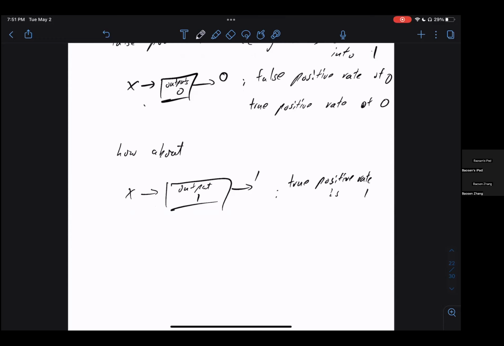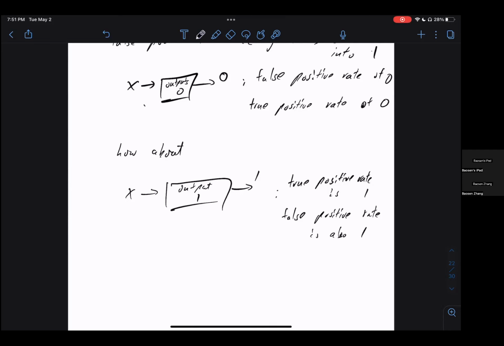If the actual data should be 1, I will always be right, because I'm always declaring 1. And the false positive rate is also 1, because I'm just declaring 1, whether it should be 0 or 1. So I got 1 in both of these categories.